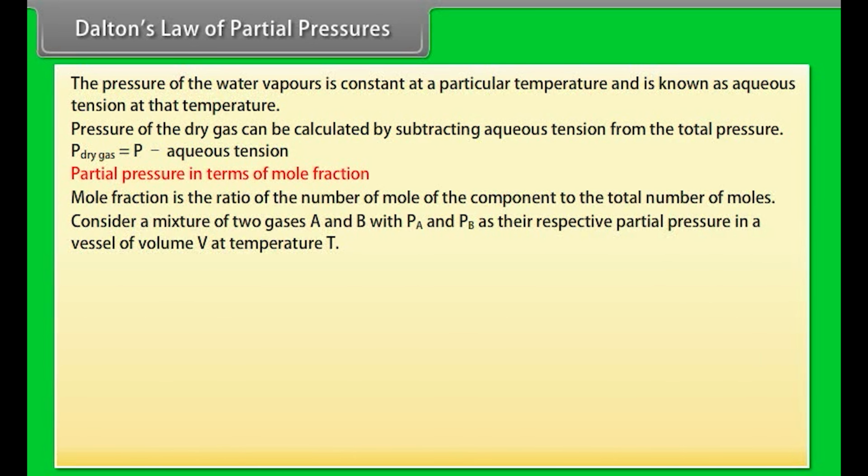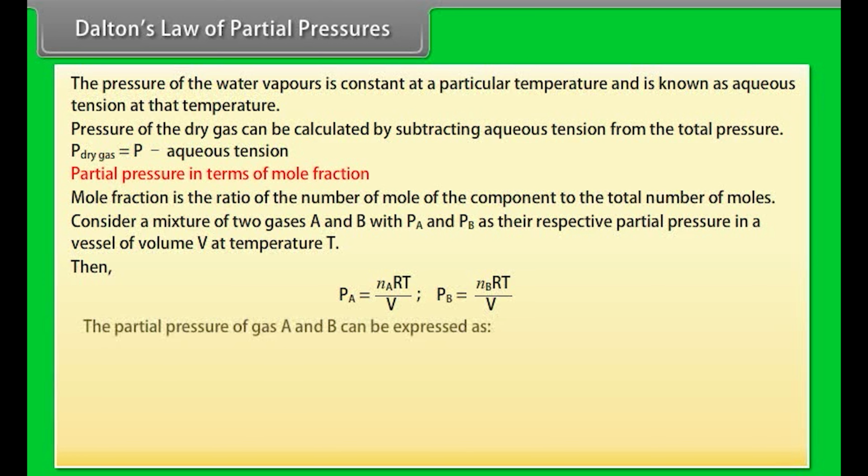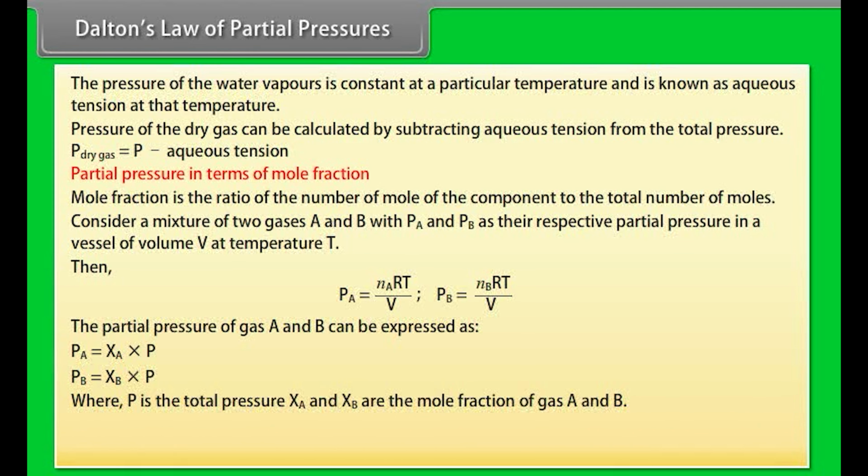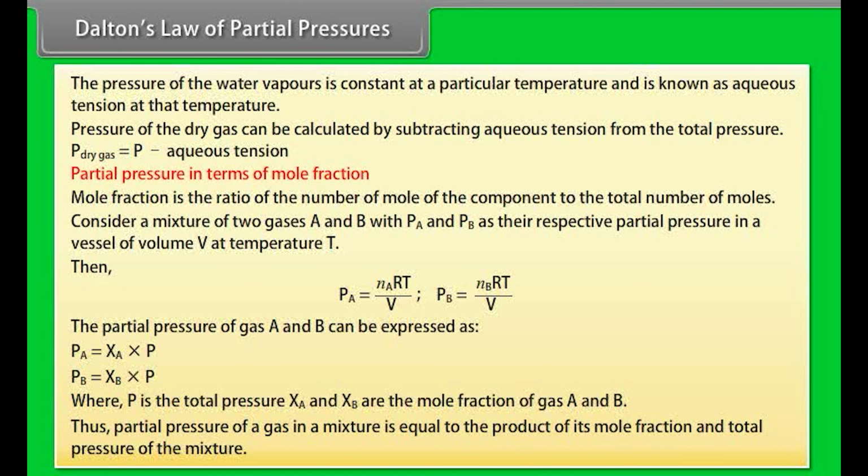Consider a mixture of two gases A and B with PA and PB as their respective partial pressures in a vessel of volume V at temperature T. Then, PA is equal to NA RT by V, PB is equal to NB RT by V. The partial pressures of gas A and B can be expressed as PA is equal to XA into P, PB is equal to XB into P, where P is the total pressure, XA and XB are the mole fractions of gas A and B. Thus, partial pressure of a gas in a mixture is equal to the product of its mole fraction and total pressure of the mixture.